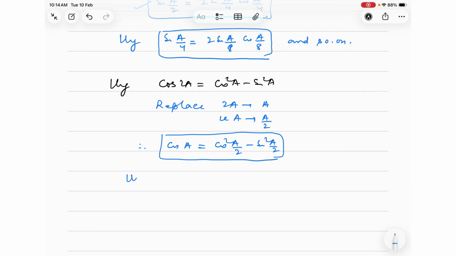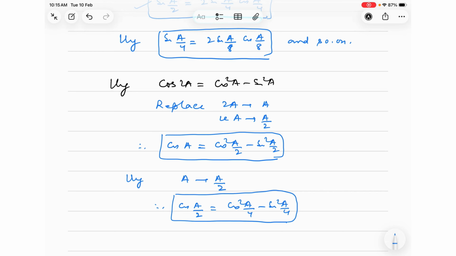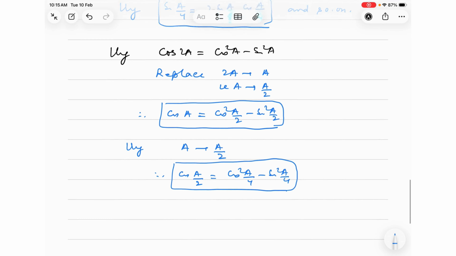Similarly, if A is replaced with A by 2, we get cos A by 2 equal to cos square A by 4 minus sin square A by 4. So like this we can get trigonometric ratios of submultiple angles also.